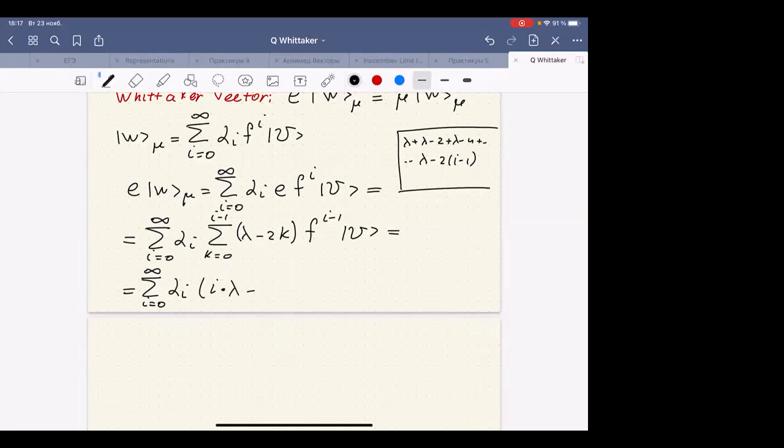So we have I lambda minus I times I minus 1. I think it is correct. Thank you. It is very difficult to do such calculations.